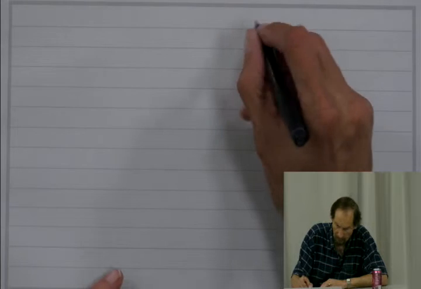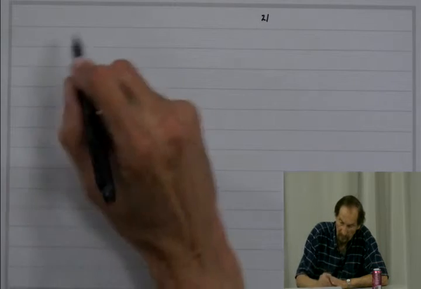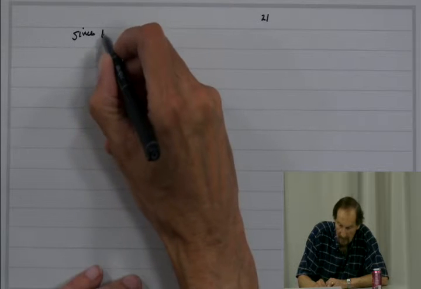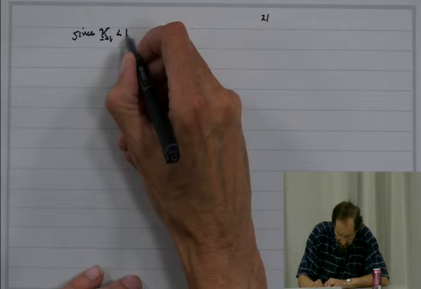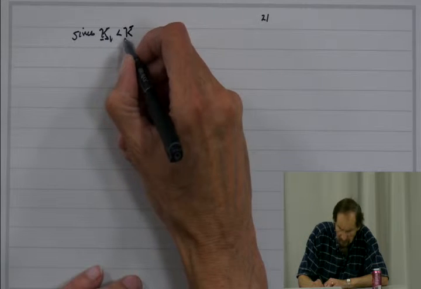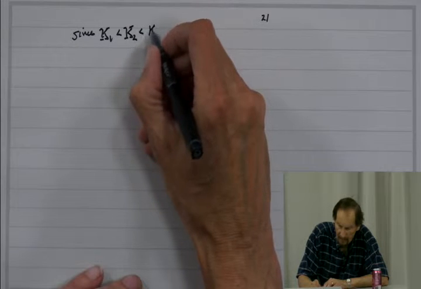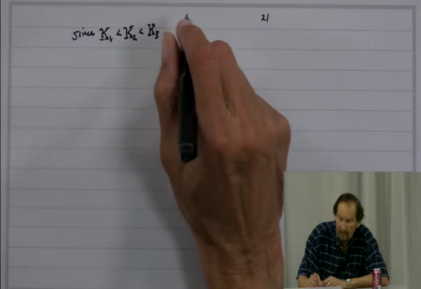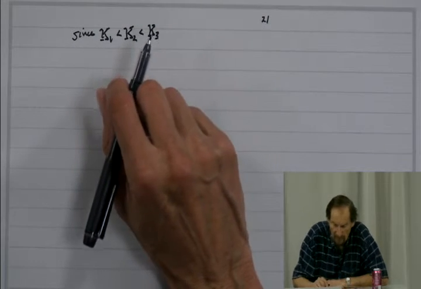Now, we'll say since K1 is less than K2, which is less than K3, what do we know? Okay. These are calls. So the calls give us a right to buy.